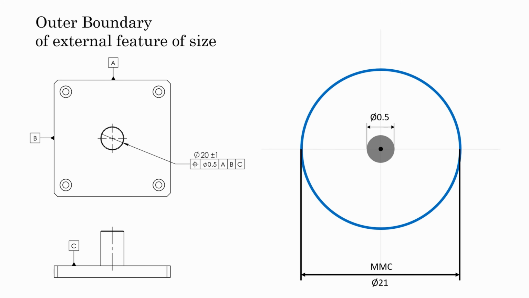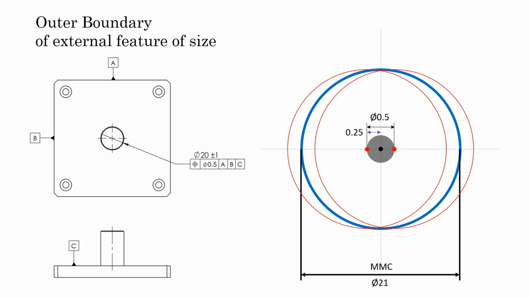Meaning this pin center line can shift 0.25, half of the diameter 0.5, on the left side and 0.25 on the right side from its nominal position, right? So I have indicated this shifted pin surface with red lines. This shifted red line pin surface is shifted by 0.25 mm from the pin surface at nominal position, the blue line surface.